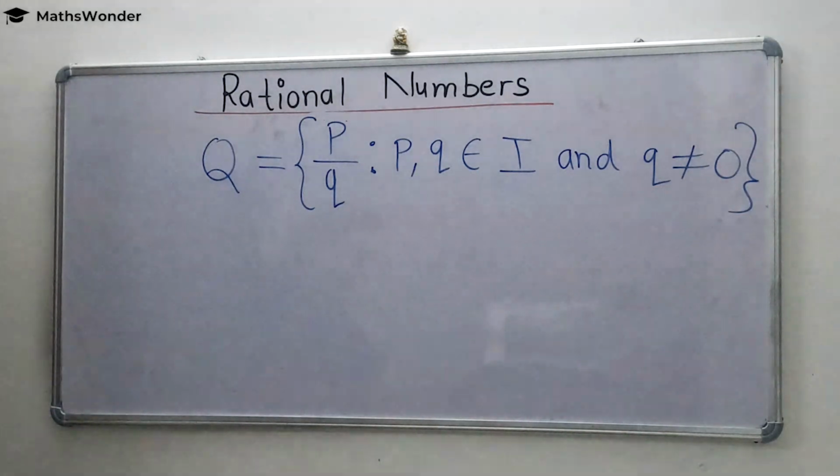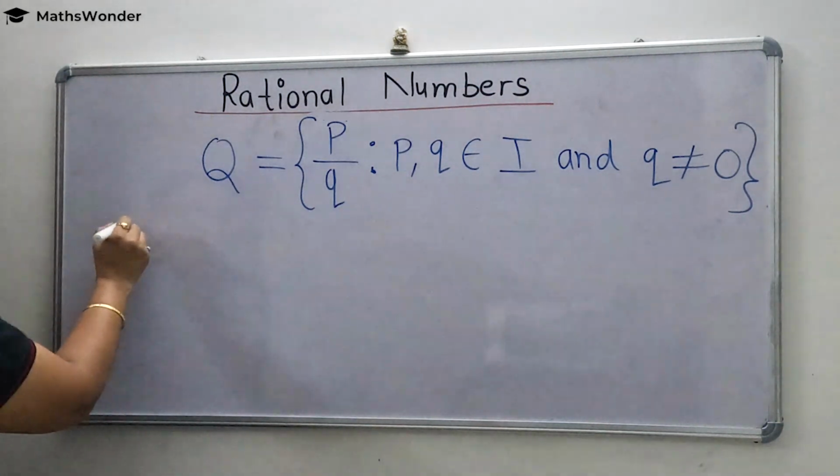Now, how will you represent positive rational number and negative rational number? Do you know positive rational number? I think it would be a rational number that's positive. A rational number is said to be positive if its numerator and denominator are both positive or both negative. Yes.